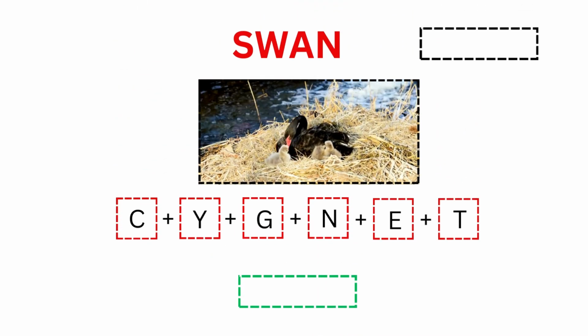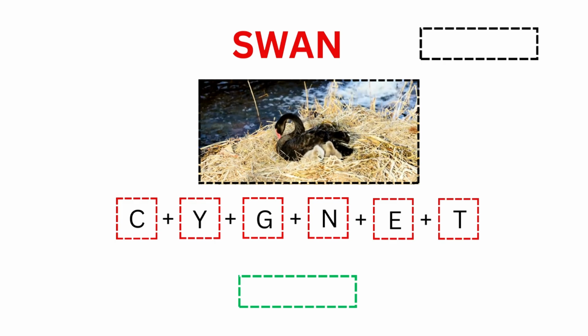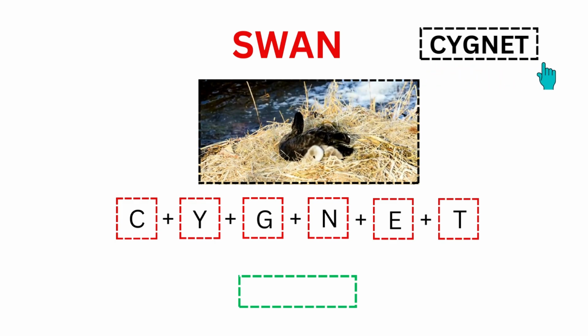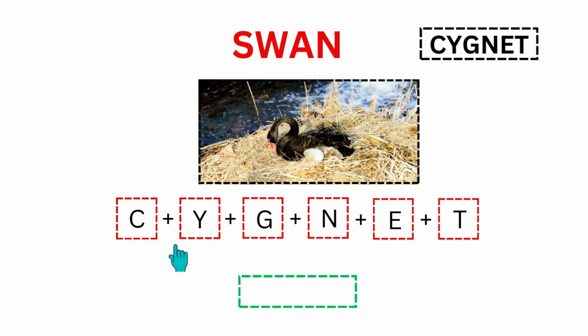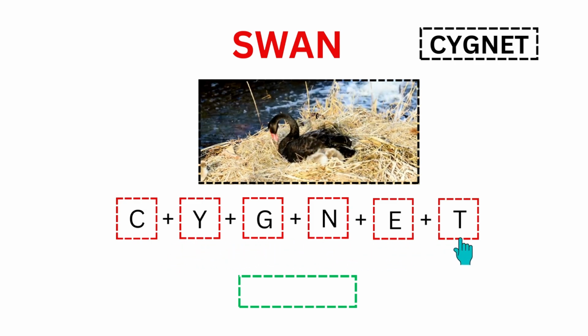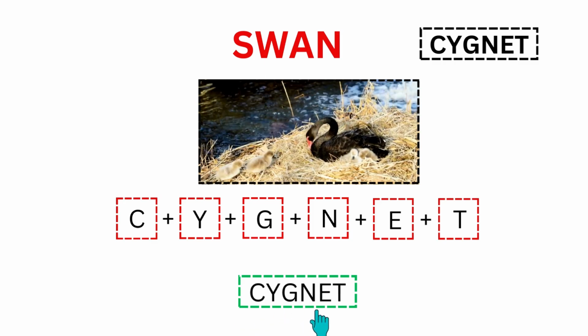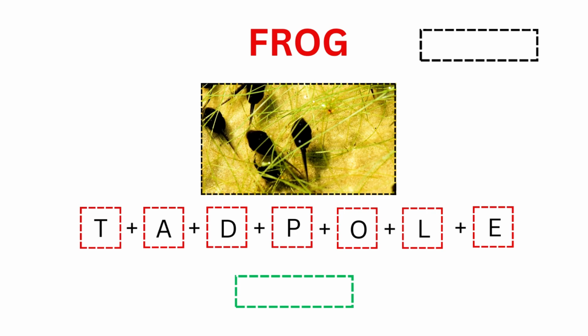Number 24, swan. A baby swan is called a cygnet. स्वान के बच्चे को सिग्नेट कहा जाता है. CYGNET, signet. Number 25 is frog.